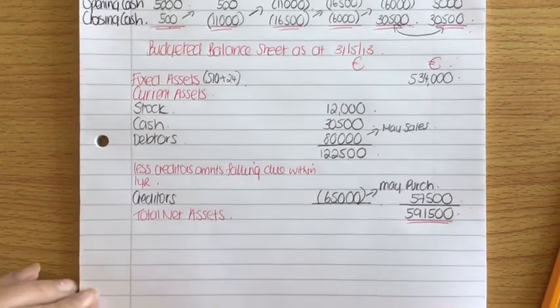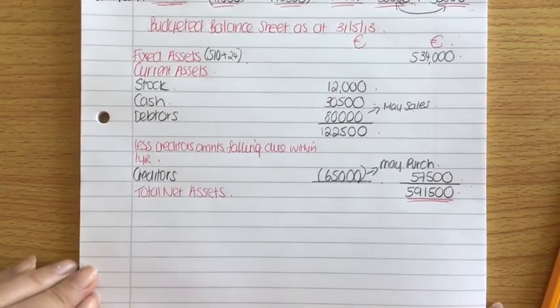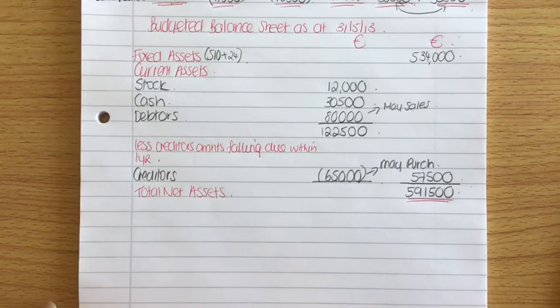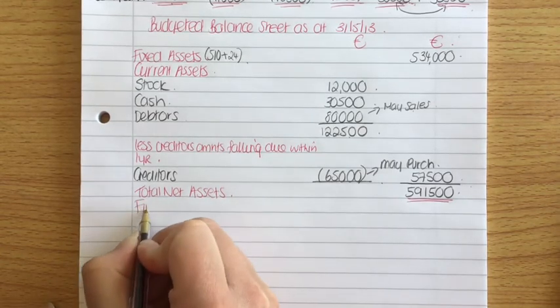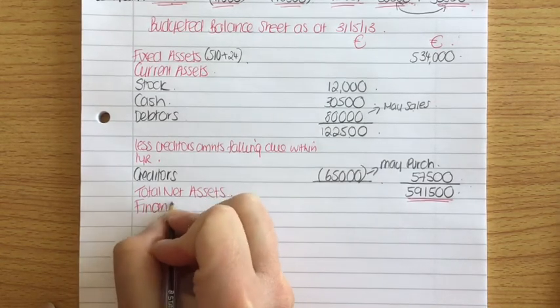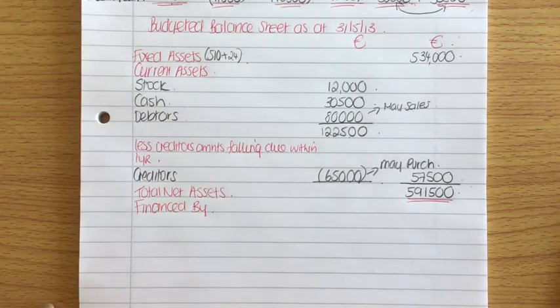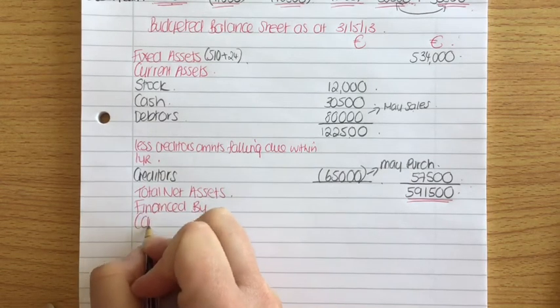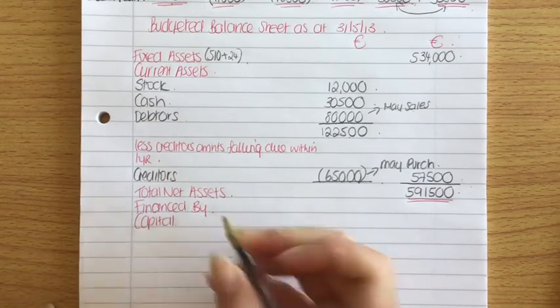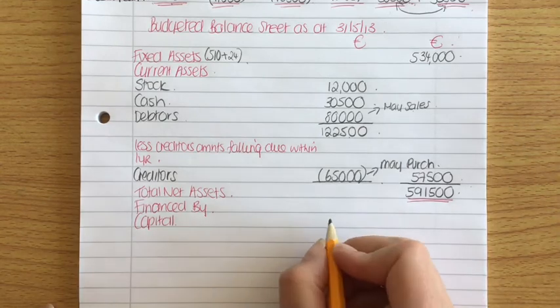Okay, financed by. Well, where do we get this money from? Okay, so financed by is always our last section. Well, we have capital. Okay, we had our capital at the start of the year. Our capital figure is 560,000 euro.